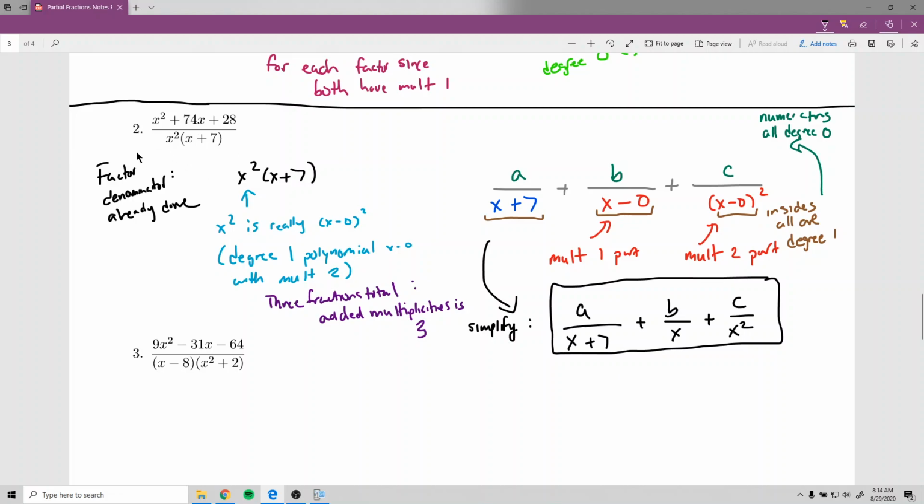When you have like x plus 1 squared, it's more obvious, or x plus or minus anything. That's why I wanted to do x squared in the video. But if you have a repeated multiplicity, that means there will be that many fractions. Okay, so if we had a squared on the x plus 7, then there would be also a fourth fraction for x plus 7 squared on the bottom.